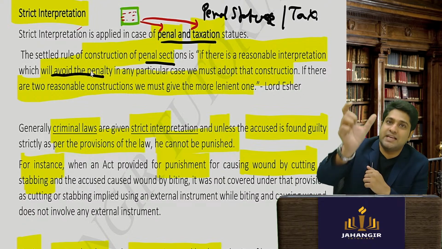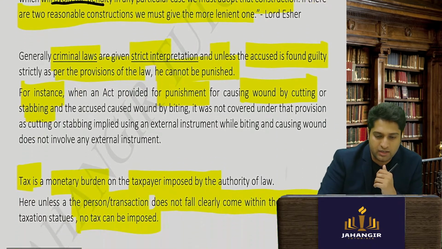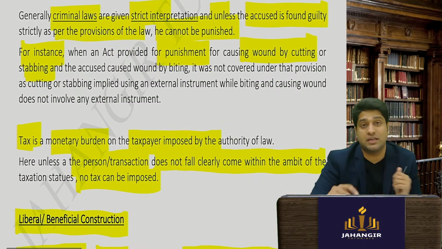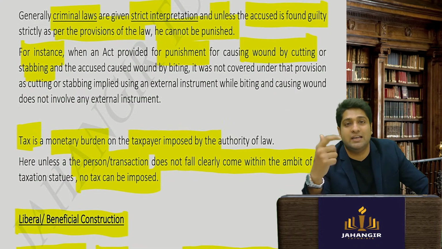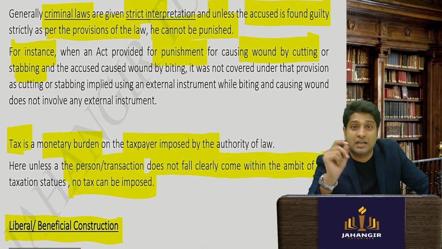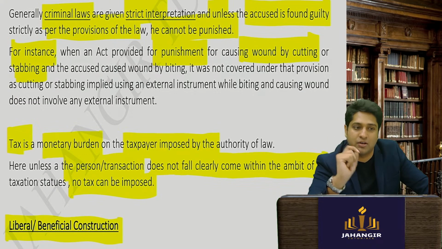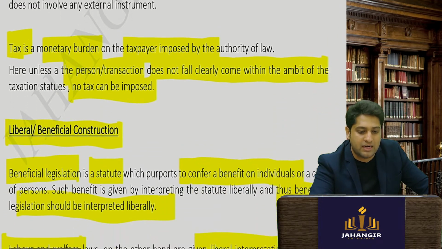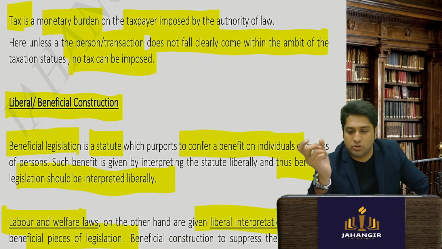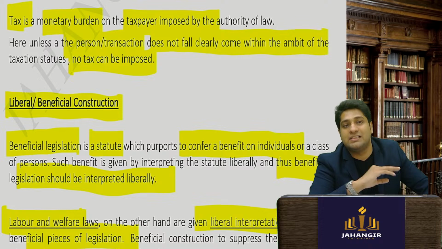Unless he is exactly fitting it, we will not try to put him in jail. Because if he is found guilty, he goes to jail, he gets a punishment. So we try to check: has he exactly done the crime? Then only do it. Similarly, tax which imposes a burden should also be very strictly in the ambit of the tax law, otherwise tax cannot be imposed.